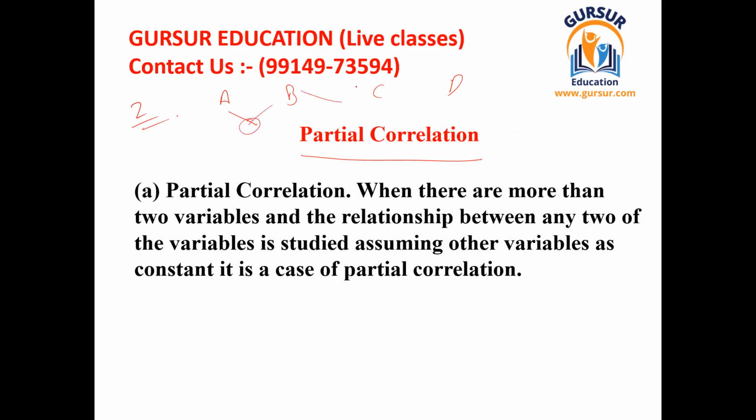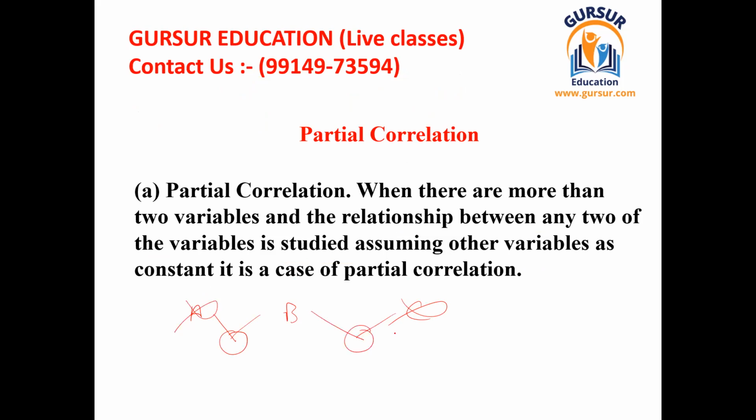After that, I am finding only B and C. After that, only C and D. After that, only A and D. So when there are more than two variables and the relationship between any two variables is studied assuming other variables as constant, this is partial correlation. Means we ignore the other variables. If there are three variables, we ignore C, finding their correlation only. After that, we ignore A, finding the correlation of B and C. This is the case of partial correlation.